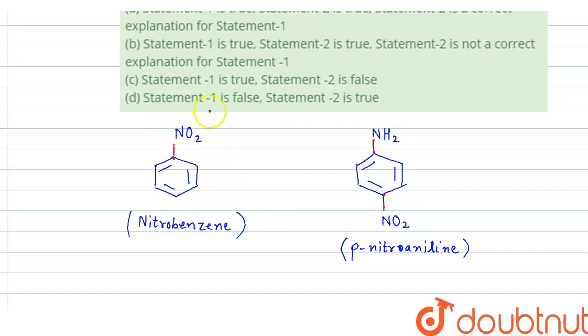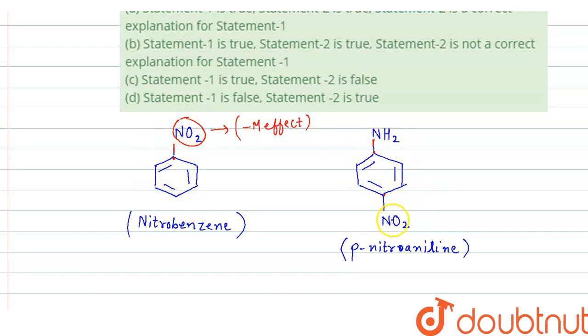Now we know that NO2 is a group which is electron withdrawing in nature, so it shows minus M effect when it is attached to the benzene ring. Minus M effect means minus R effect. It will withdraw the electron from the ring towards itself.